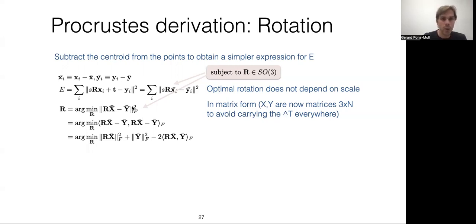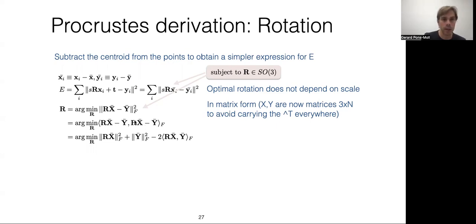Okay, so this norm here I can write as an inner product, right? The Frobenius inner product, which is RX minus Y, inner product with RX minus Y. I just follow the properties of an inner product.